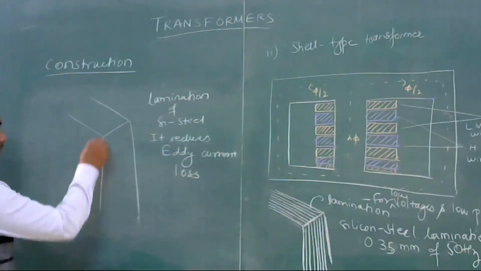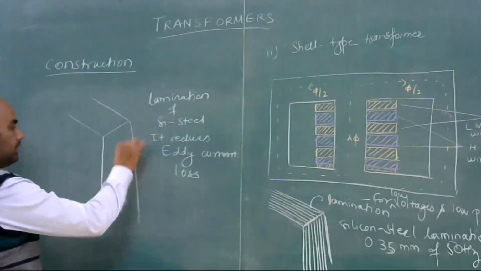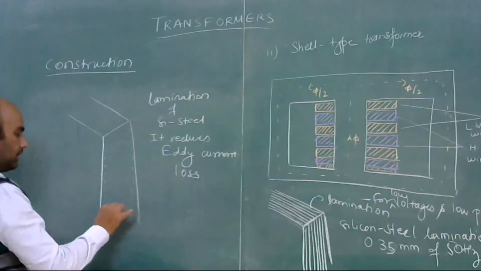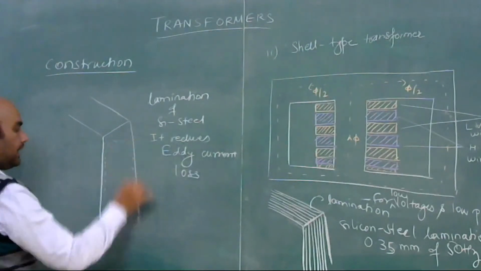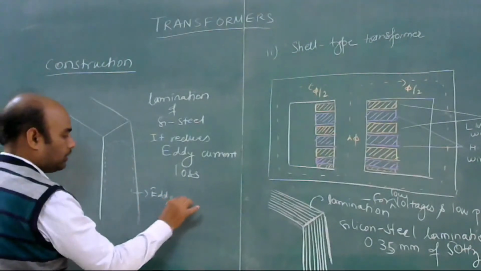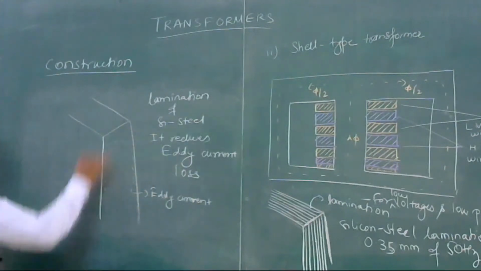What is the behavior of this eddy current? It is circular in nature. It circulates in a circle. Eddy current always flows in this way.